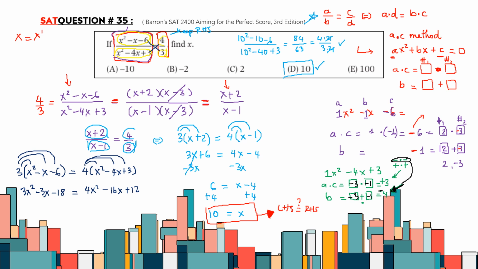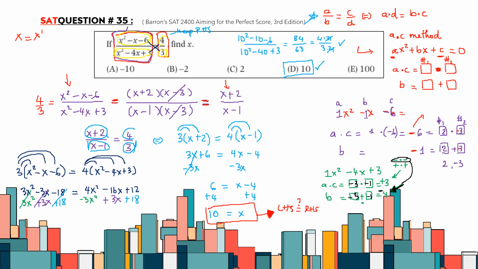Okay, now we subtract 3x squared from both sides, so that cancels out, right? Then we add 3x to both sides, that cancels out. Then we add 18 to both sides, that cancels out.